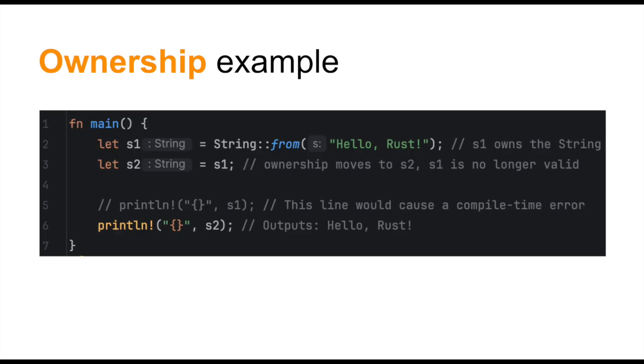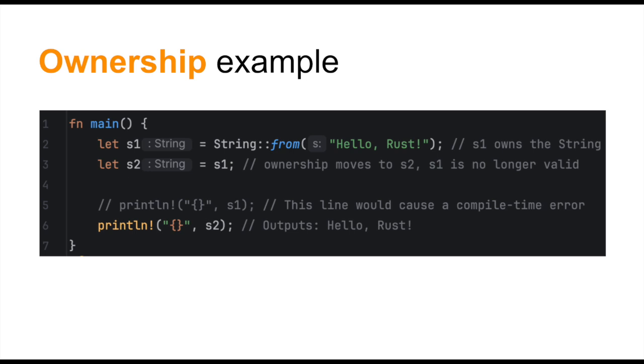This first example is a very simple one. Here we have two variables, s1 and s2. s1 is a string with the content "hello Rust", right? When you declare the second variable, s2, and say s2 receives the value of s1, s1 will go out of scope.